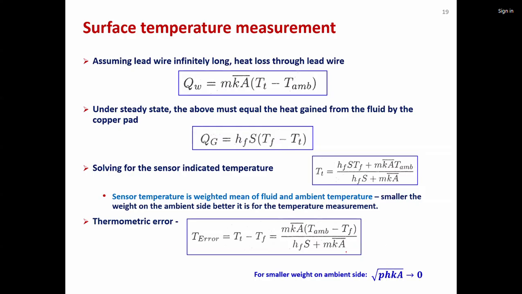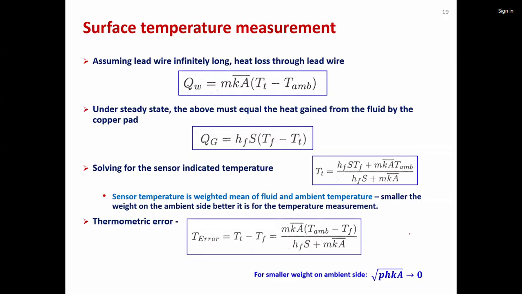But now you have a way of estimating how much your thermometric error is, because all these are basically design parameters and the ambient temperature and fluid temperature and so on. So you can actually estimate what the error in your measurement is.